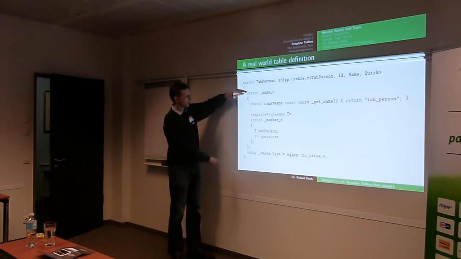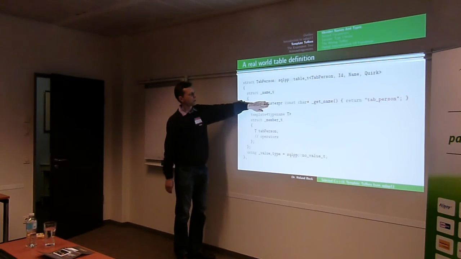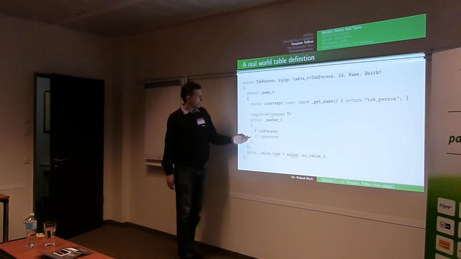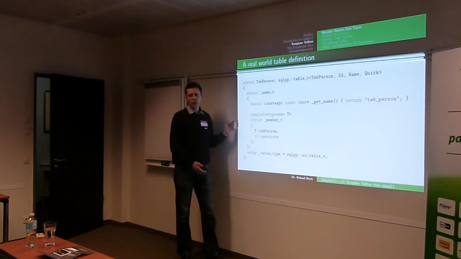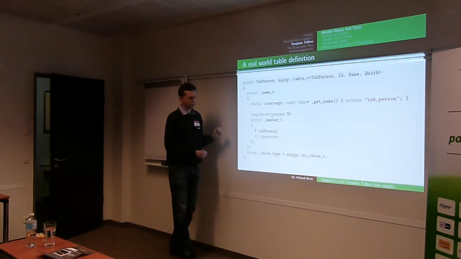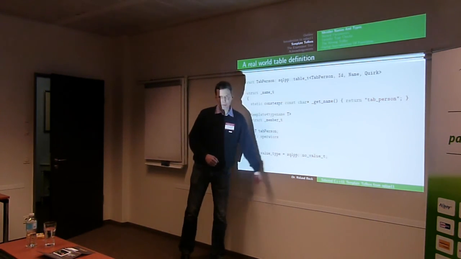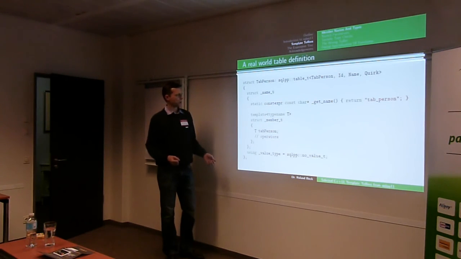It again contains this name struct, a function that returns the name of the table, and again a member which most of the time is not needed, but it's sometimes handy to have. Right, and the value type says that this is not a value, so you can't compare it to anything, for instance.